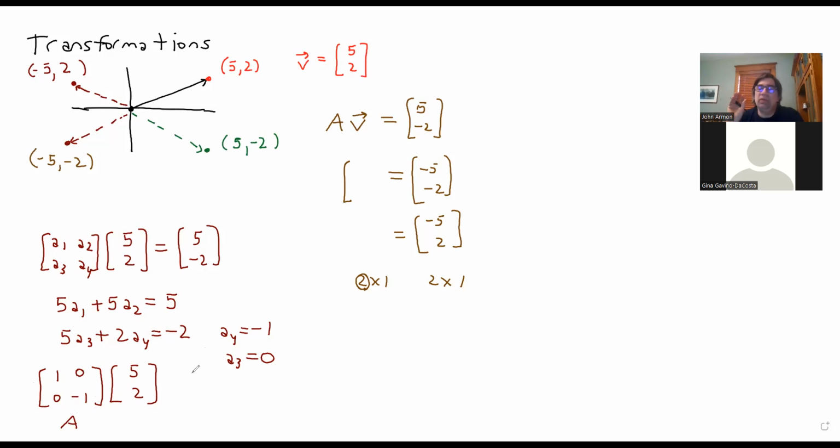So if I want to know how to reflect a vector over the x-axis, I could take the vector representation you see here and multiply it by matrix A. So matrix A, which is done by this matrix right here, is called a reflection matrix over the x-axis.